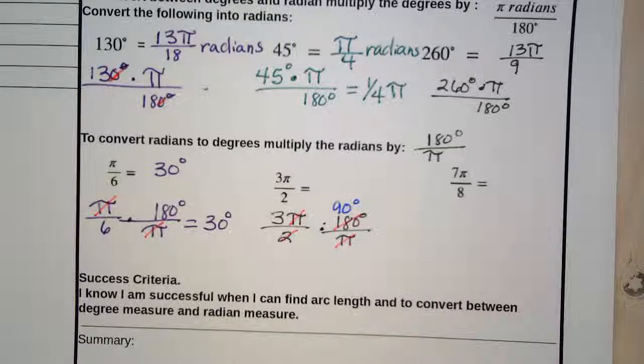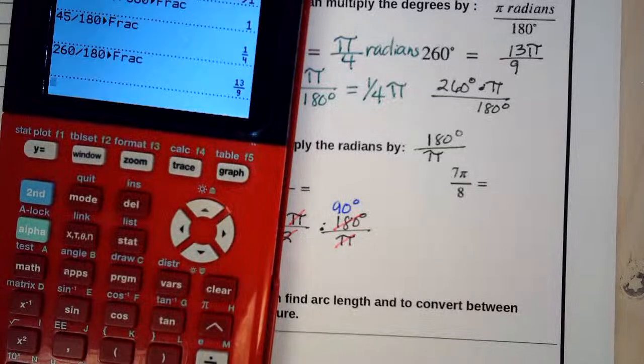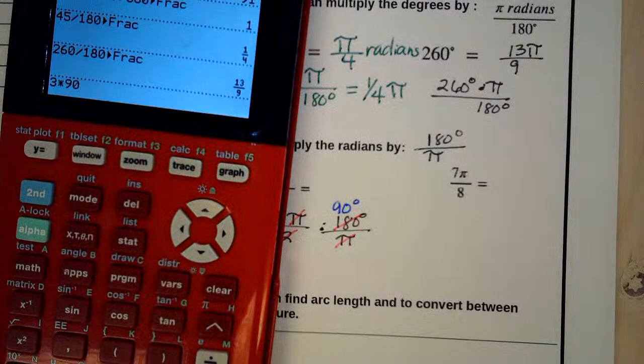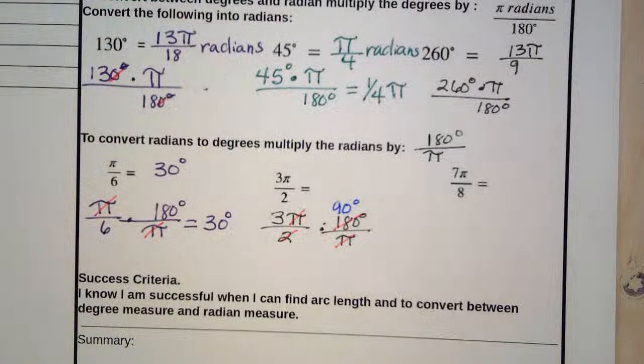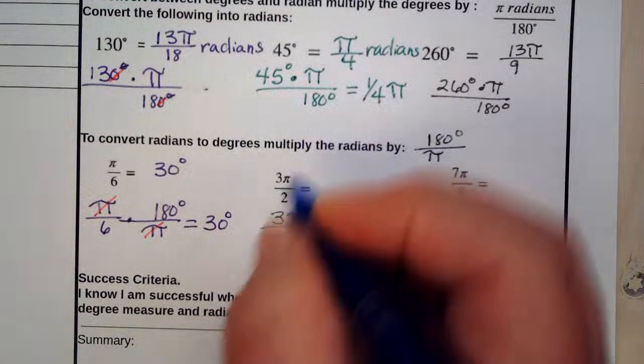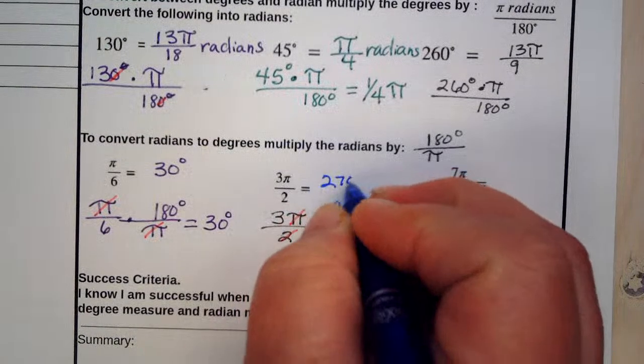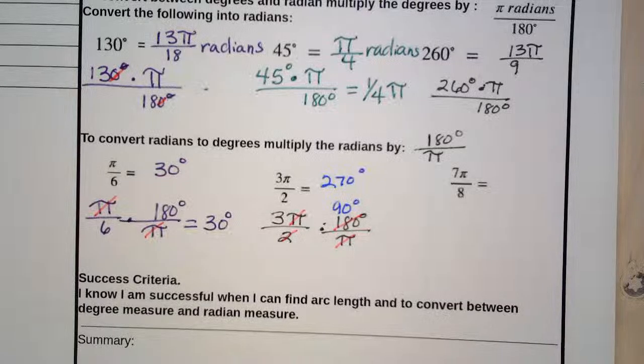So 3 times 90 gives me 270. This would be 270 degrees. Pause the video and do the last one on your own.